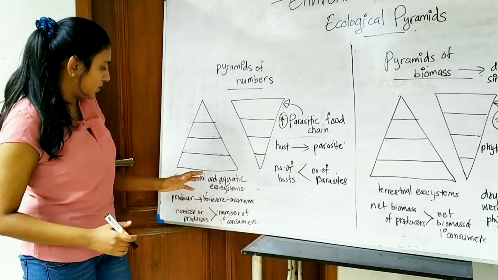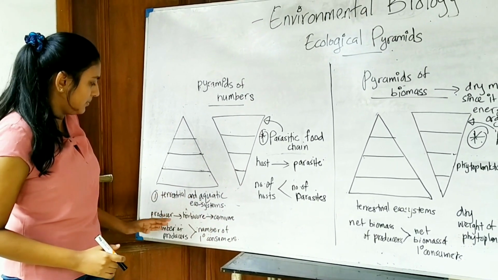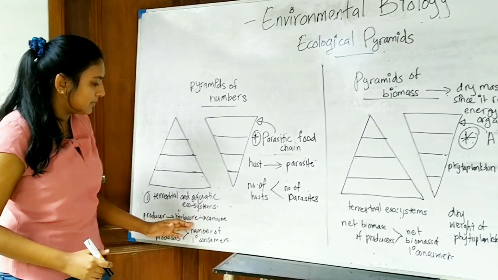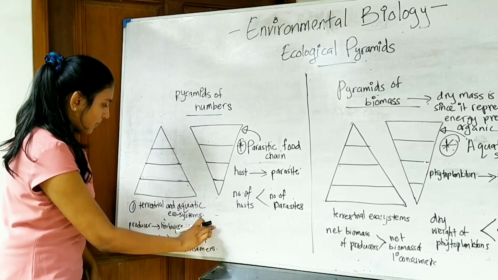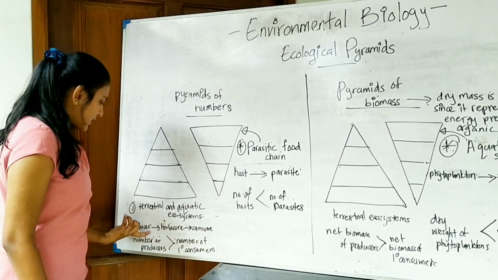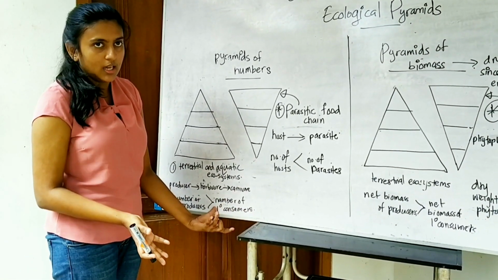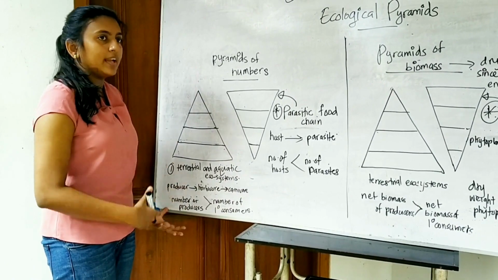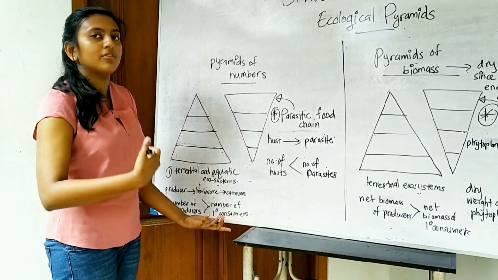The reason is, when we consider a normal food chain in a terrestrial ecosystem, producer to herbivore then being consumed by the carnivore, in this common food chain, normally the number of producers is greater than the number of primary consumers. If we just take the amount of grass, definitely the number of grasses is greater than the number of grasshoppers.